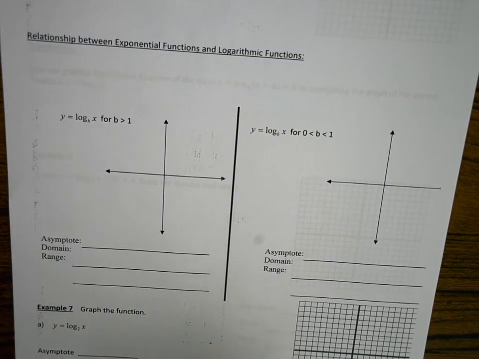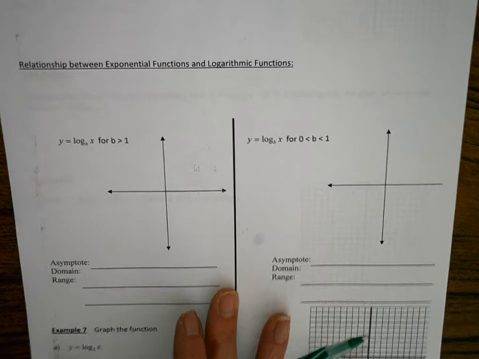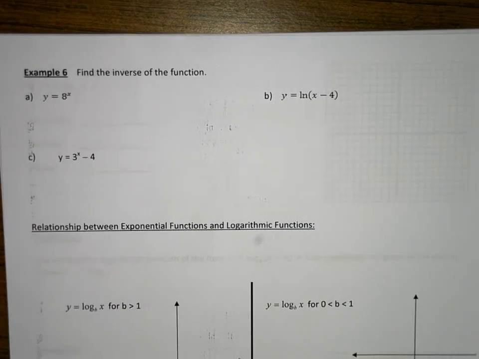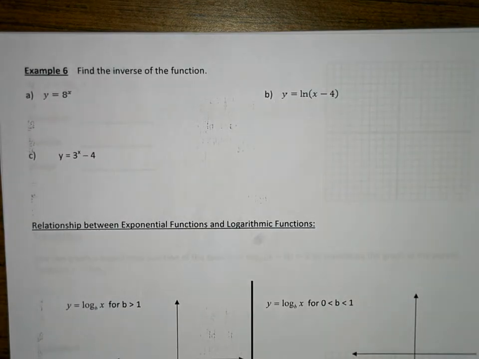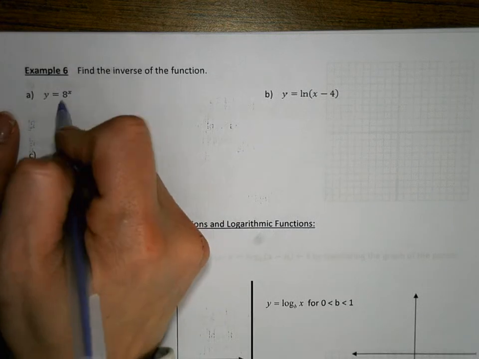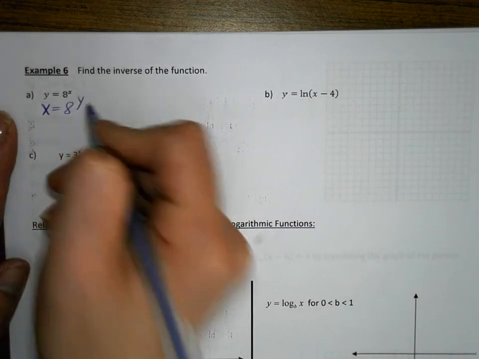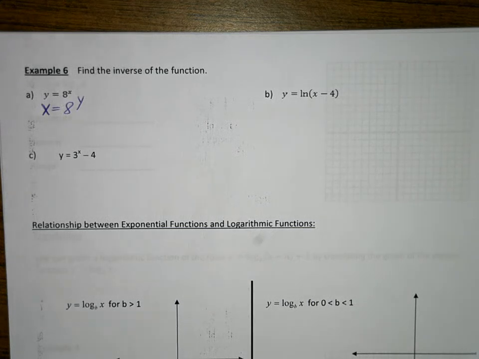Continuing on. All right, finding the inverses. We've already touched on this. What do I do to find the inverse? Switch the x and the y. We've got to switch the x and the y. So if it's y equals 8 to the x, that means I'm going to have x is equal to 8 to the y. Now, just a comment. When we started out, where was the x?